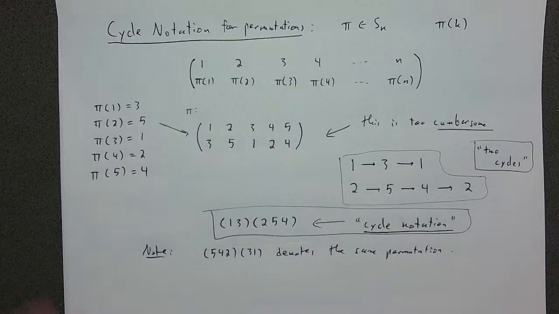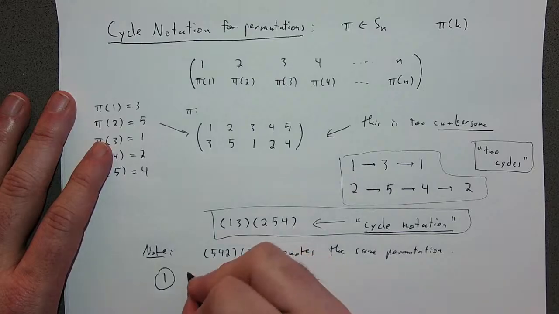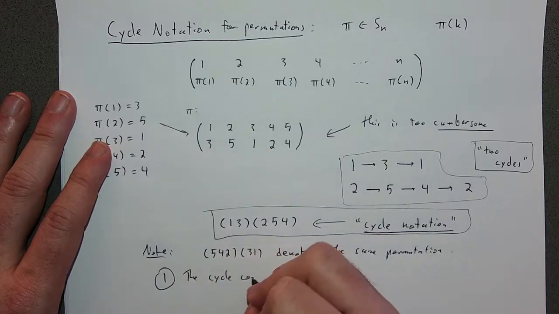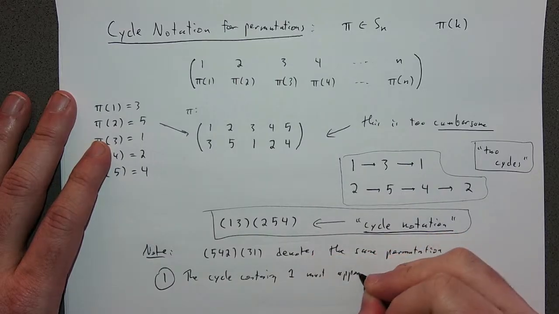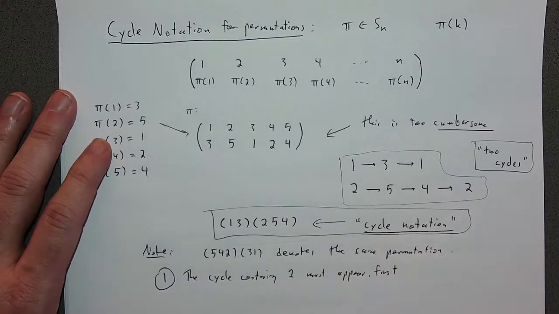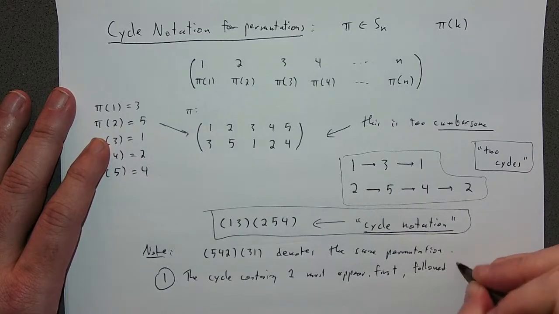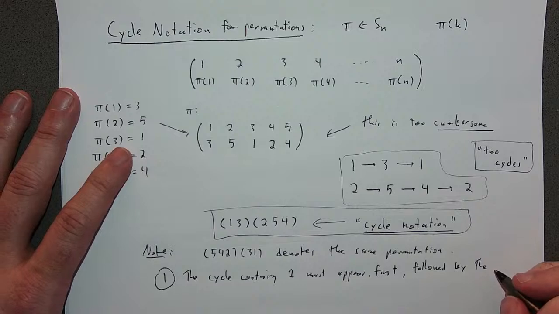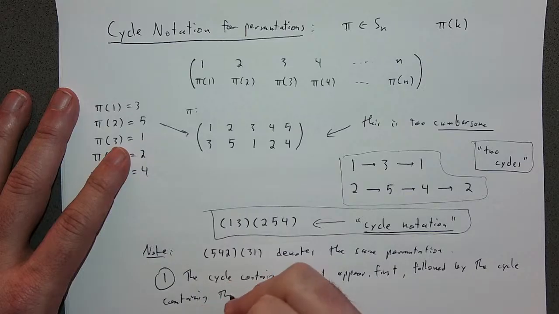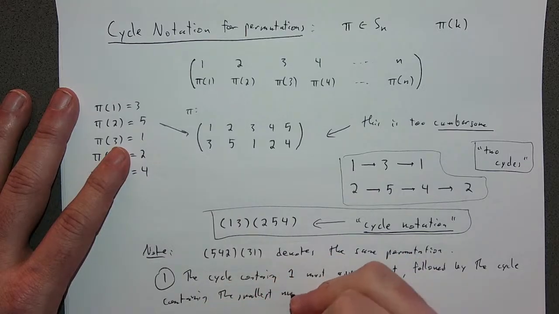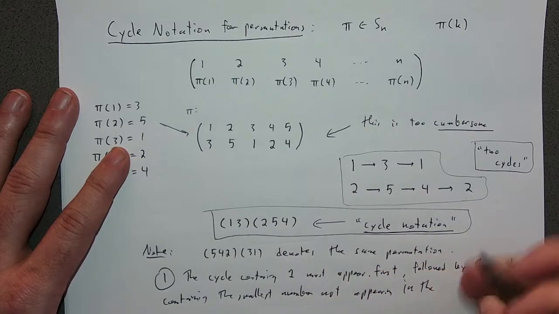So what do I require? First, the cycle containing 1 must appear first, followed by the cycle containing the smallest number not appearing in the first cycle, and so on.